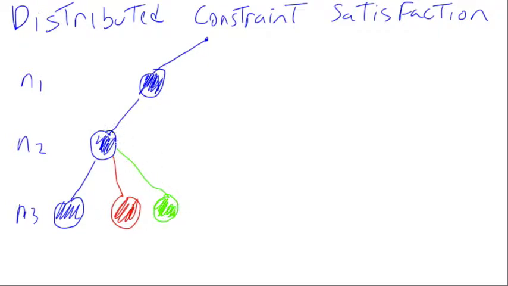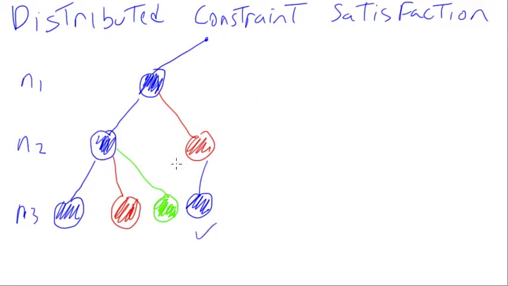We backtrack over here. Say there are only 3 colors for N3. So now N2 has to try a different color, which is going to be red. So I'm going to add that there. And after that, maybe N3 tries blue, and maybe at that time it works. So N1 blue, N2 red, N3 blue, it works. And so we're done.